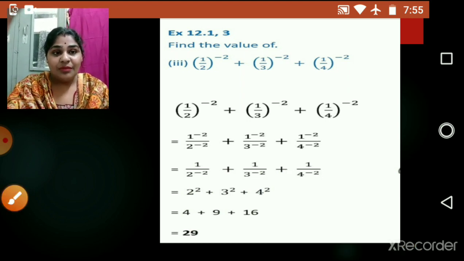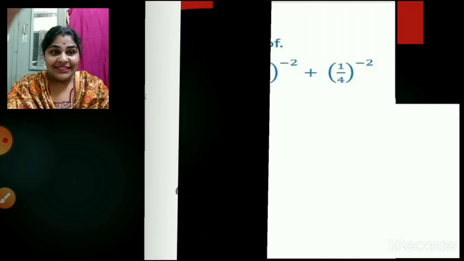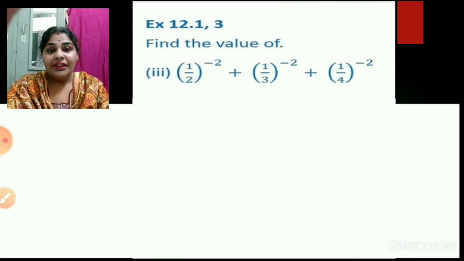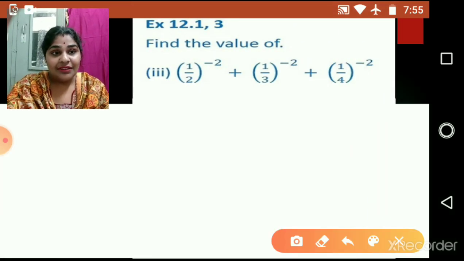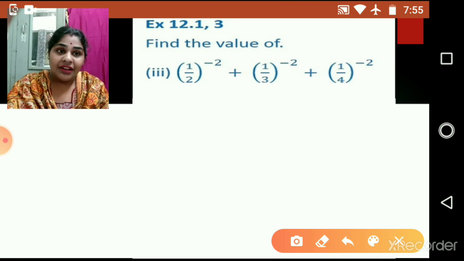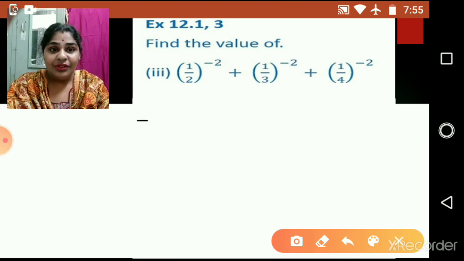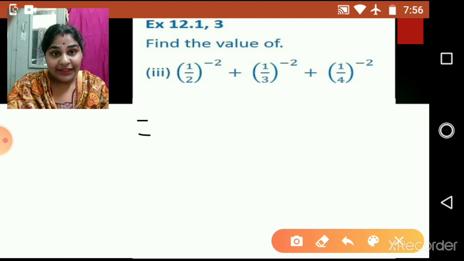So this sum again we can do in a different way, which is very easy also. So let us see that. This is the sum, children. Now if you understand the law of exponent properly, you can use it directly and very easily solve this sum. Suppose I know 1 raised to any power is 1.